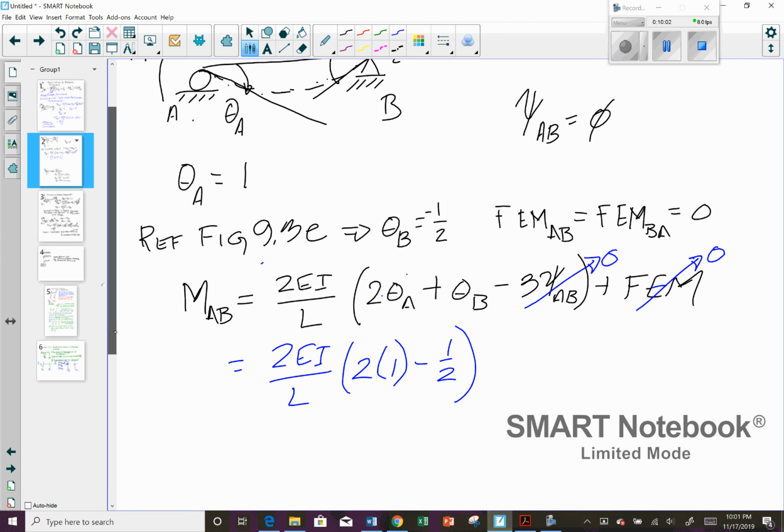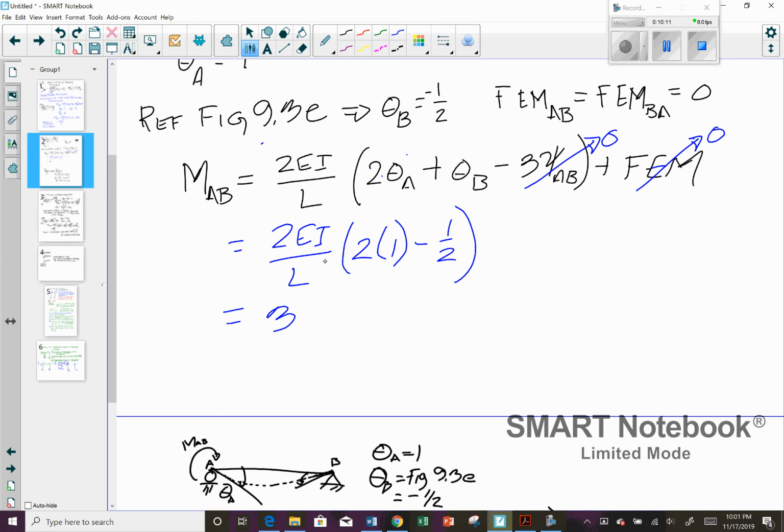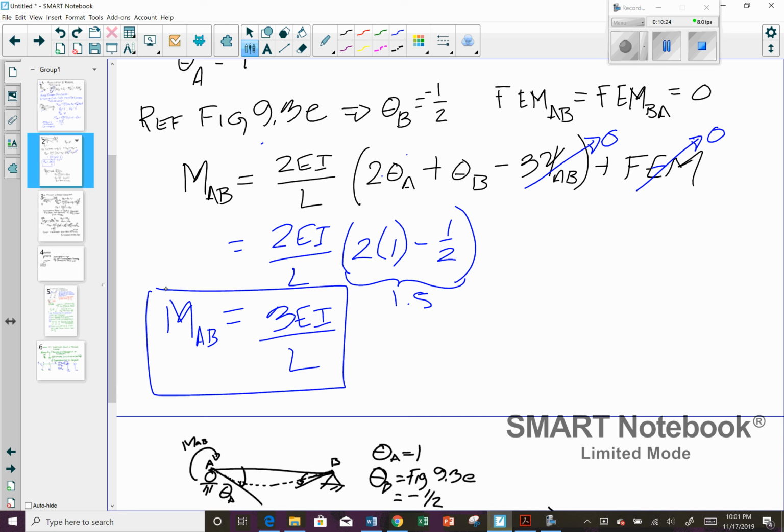So that we have, this is equal to 3, because this ends up being 1.5 EI over L. So this is going to reduce the amount of times that you're going to have to do the carryover and distribute to your ends.